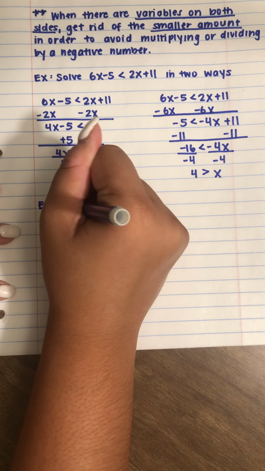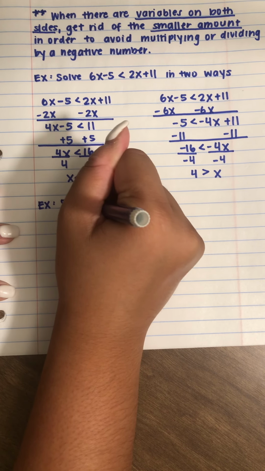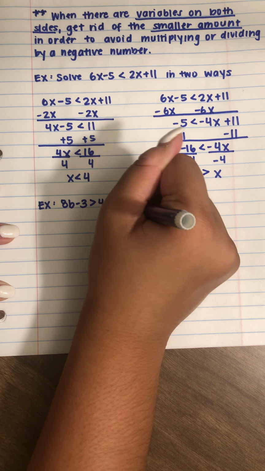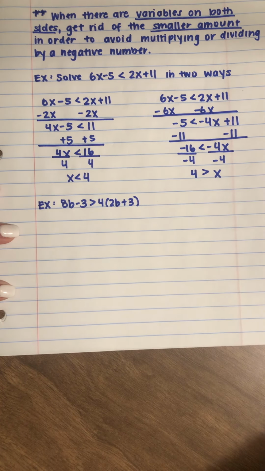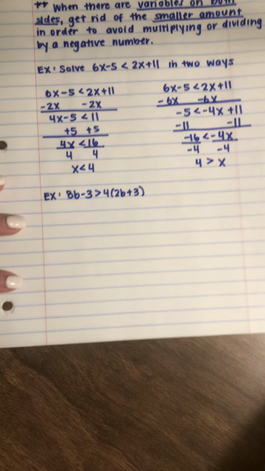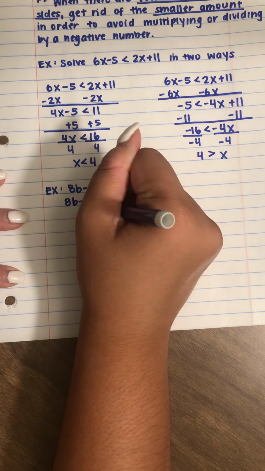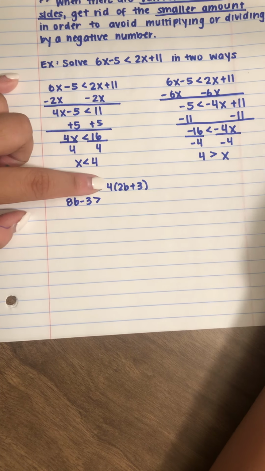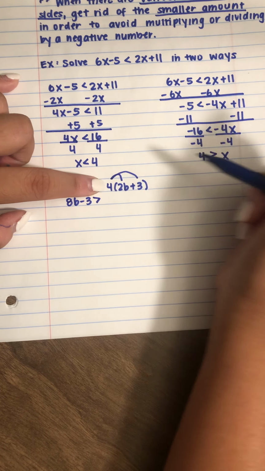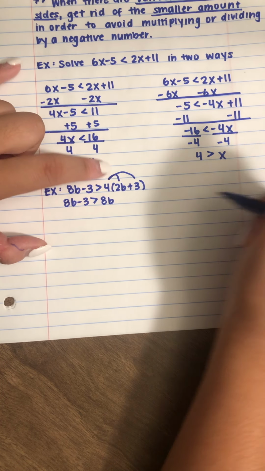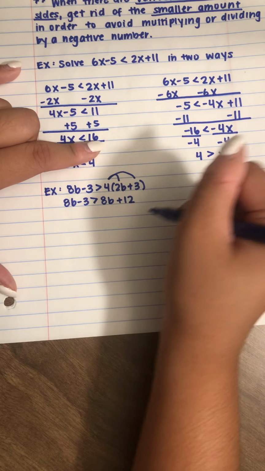So we have 8b minus 3 less than 4 times (2b plus 3). So we have 8b minus 3. On the right side, I'm going to distribute. So 4 times 2b is 8b, and 4 times positive 3 is 12.